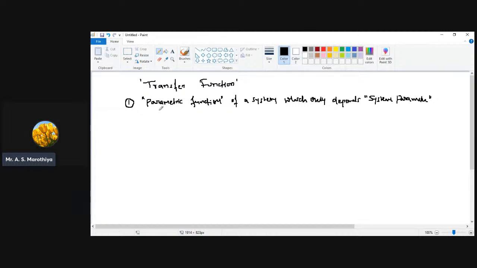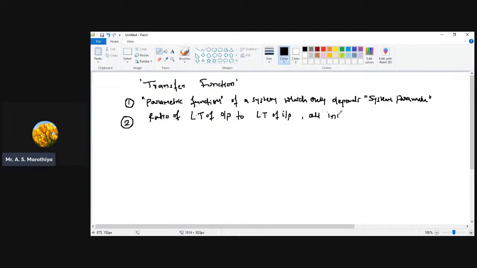Then the second way to define transfer function, which is commonly used by students, is that transfer function is defined as the ratio of Laplace transform of output to Laplace transform of input by assuming all initial conditions to be zero.